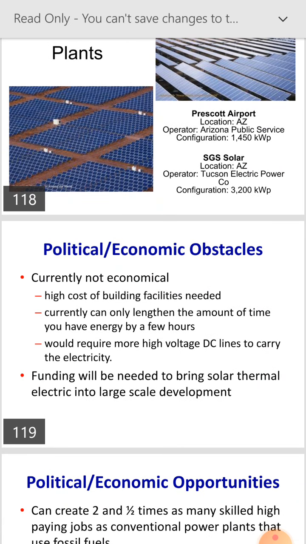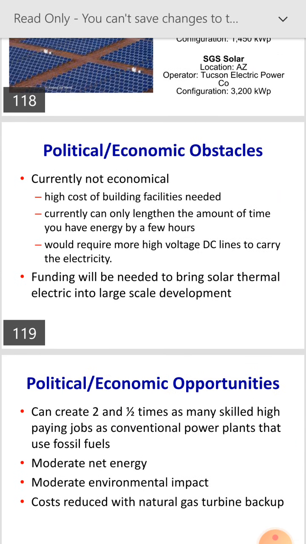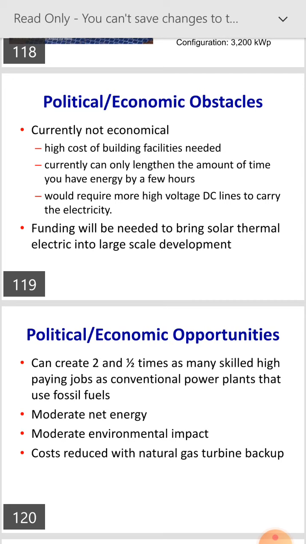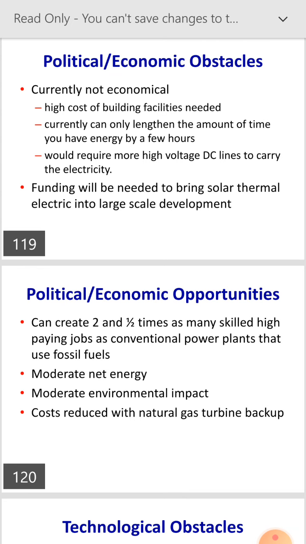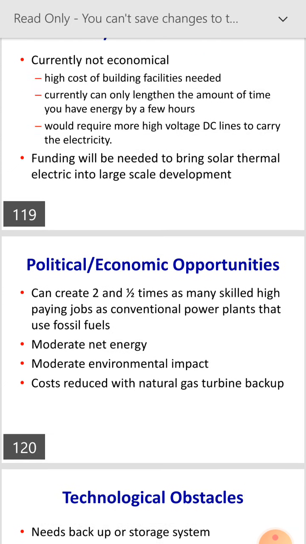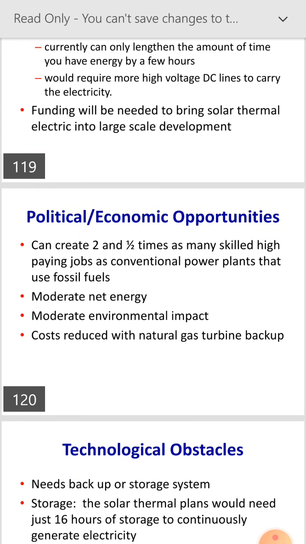Funding will be needed to bring solar thermal electric into large scale development. Political economic opportunity: can create 2.5 times as many skilled, high paying jobs as a conventional power plant that uses fossil fuel. Moderate net energy, moderate environmental impact, cost reduced with natural gas turbine backup.